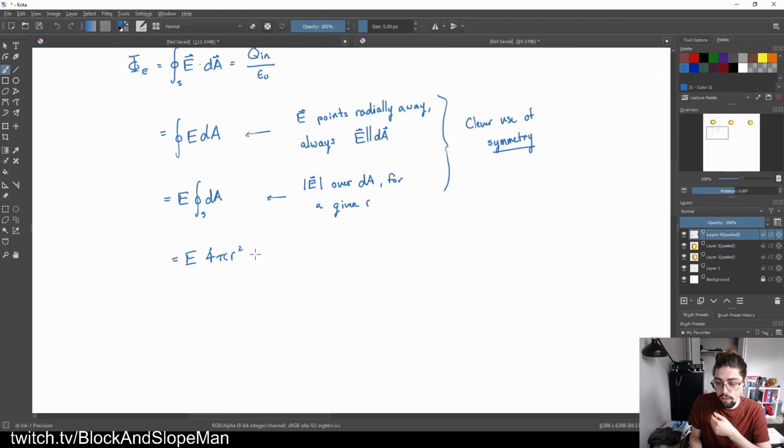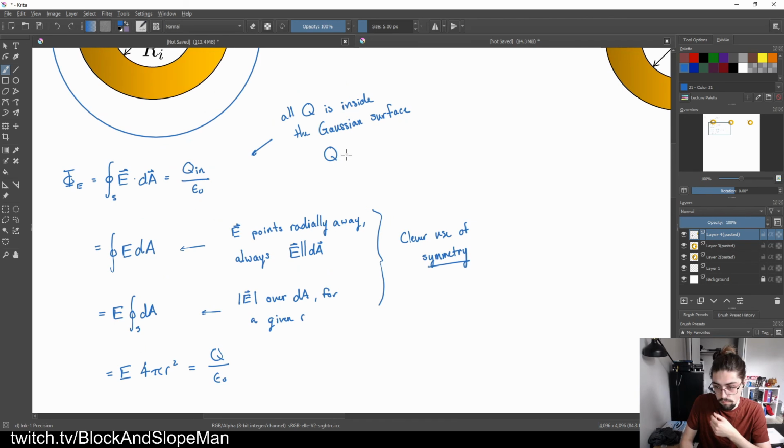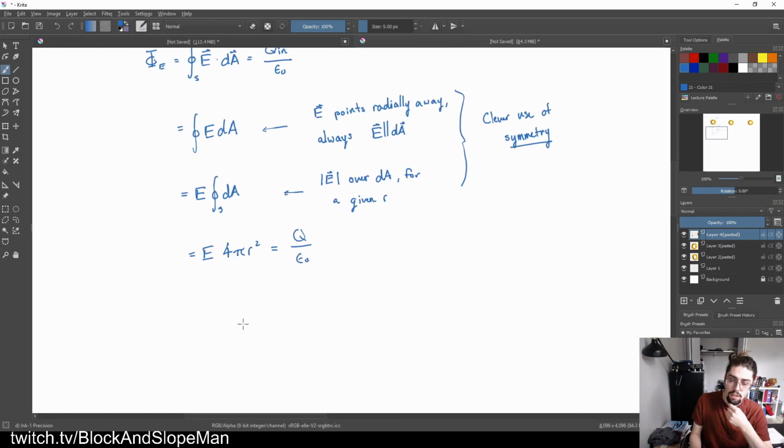That means that Q inside is just Q. Like that. Now with all that, solve out for E. Rearrange this thing. And what we get is E is equal to 1 over 4 pi epsilon naught Q over r squared. 1 over 4 pi epsilon naught is just k.